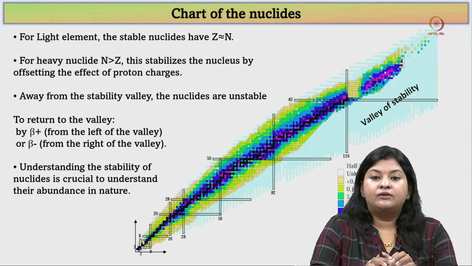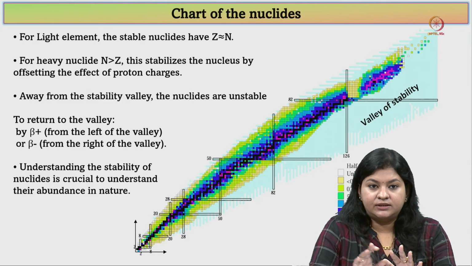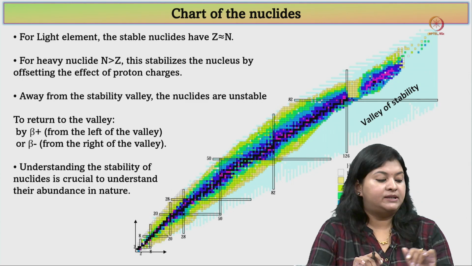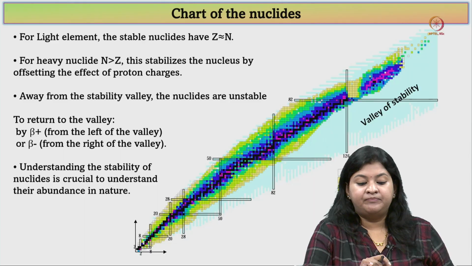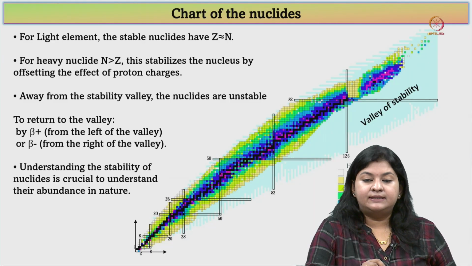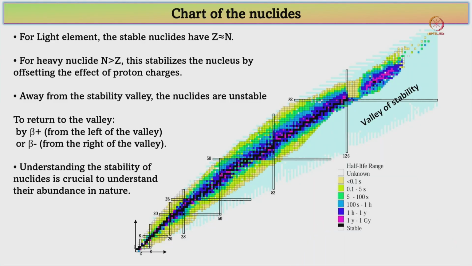So, now just come back to this valley of stability that we looked at a few slides back. As we said, if we are going to plot, here we are going to plot the number of protons, and here we are going to plot the mass number.